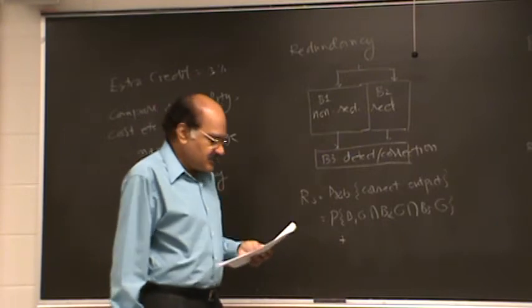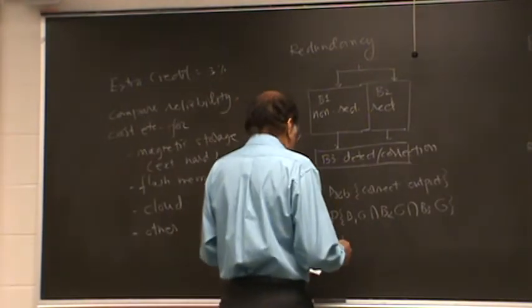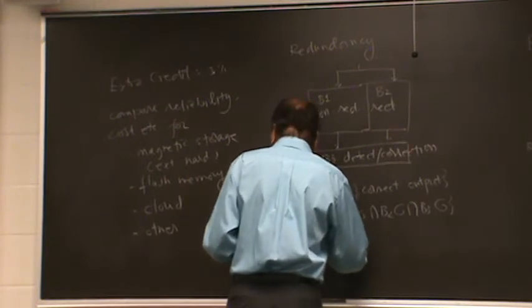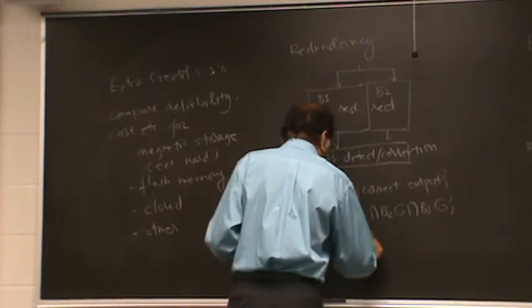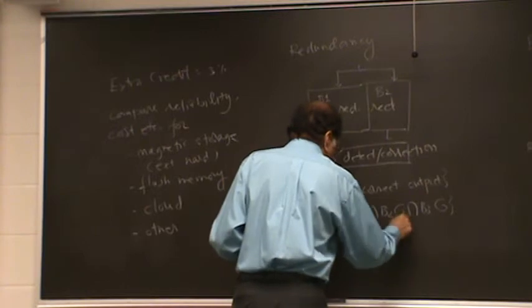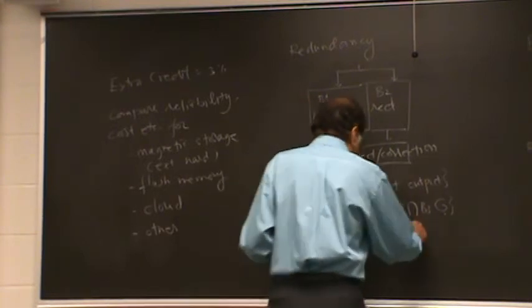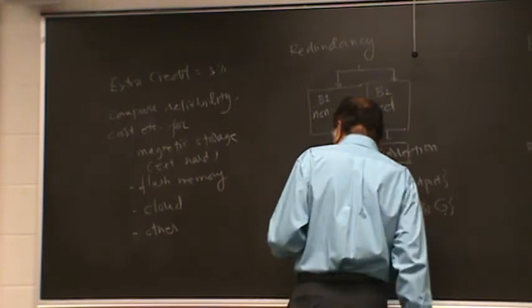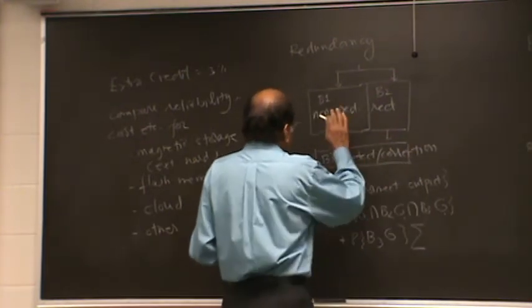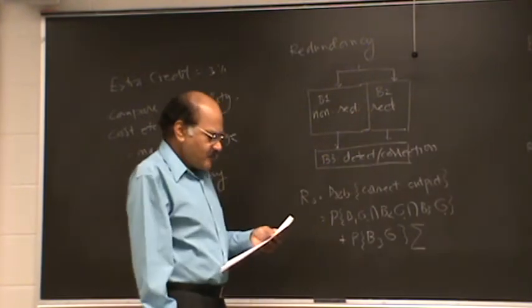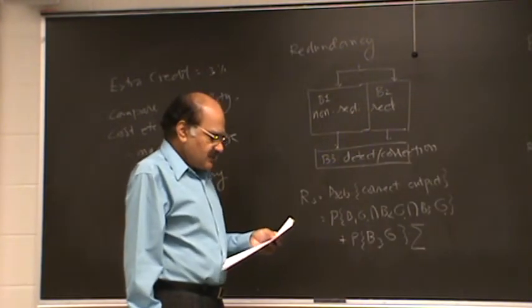The other possibility is when B3 is good, now I'm abbreviating here a little bit, and for some failure mode here or here, there is some failure mode that can be corrected.